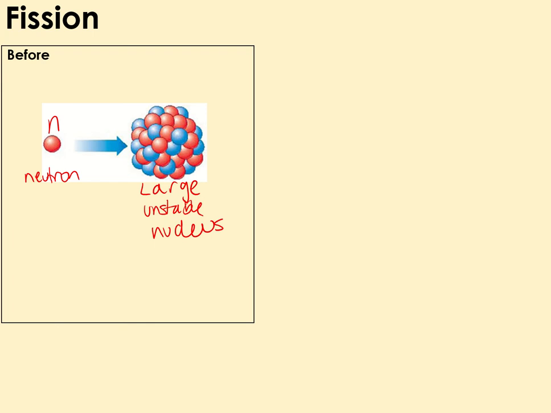There are a few different elements you can use, but the main one we tend to use is uranium-235. It's already got a delicate balance of protons to neutrons, and actually uranium is the largest element you find naturally. If you fire that neutron in, it basically breaks apart the nucleus.